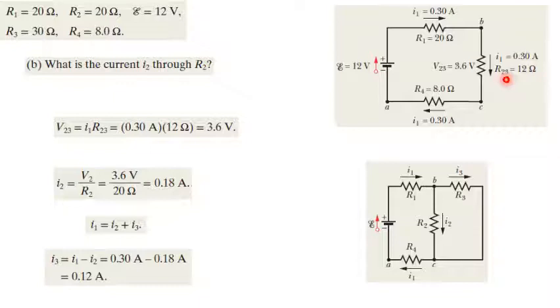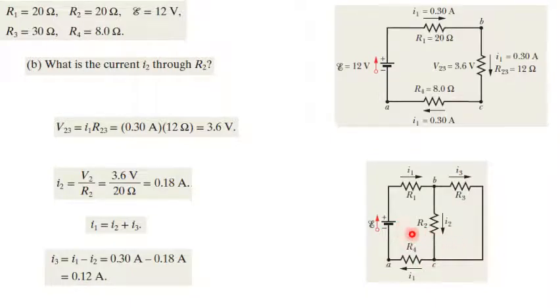But let us remember the original circuit was like this, R2 and this R3. So it is required to find the current I2 through the resistance R2. In this case, I2 is a part of I1, because I1 enters the node B and is divided between the two paths, I3 and I2. So the question is, what is the value of I2?